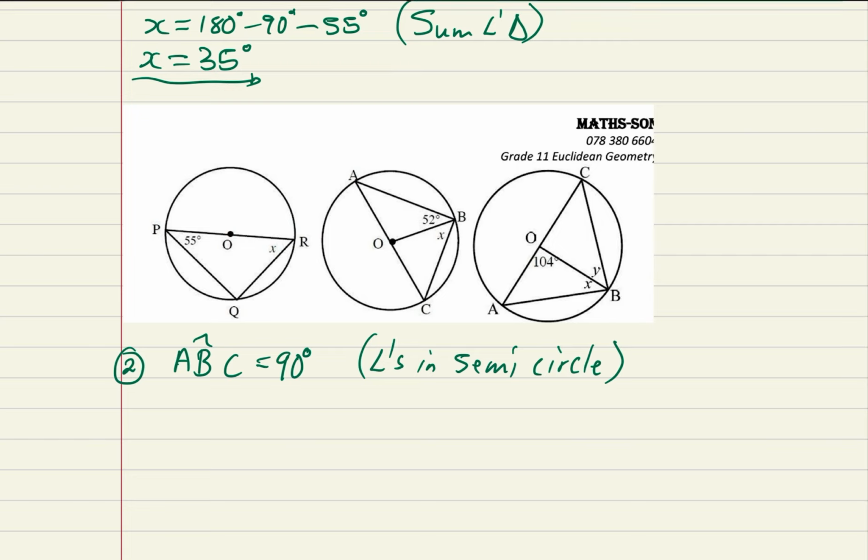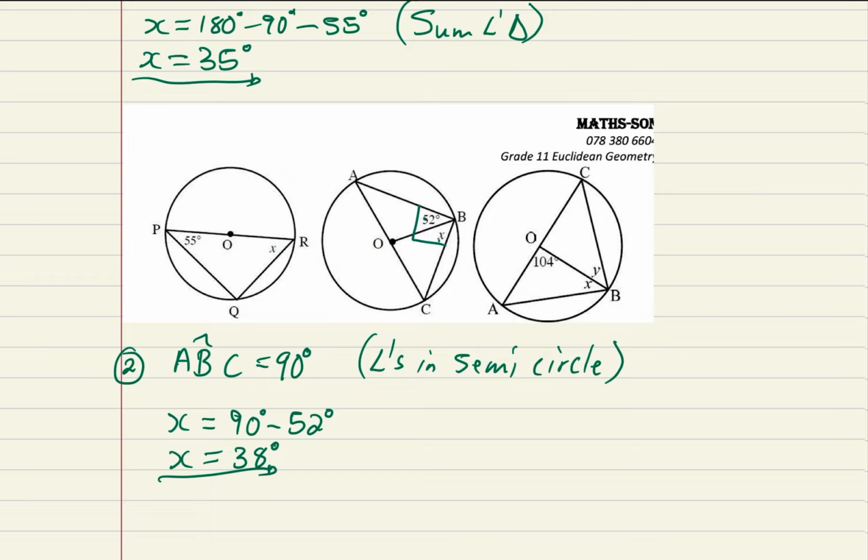Since it's an angle in a semicircle, I have 90 degrees now, and I will indicate it here. This 90 degrees involves these two, so x will be equal to 90 degrees minus 52 degrees, which, if you punch your calculator, is 38 degrees. So that is how we do it.